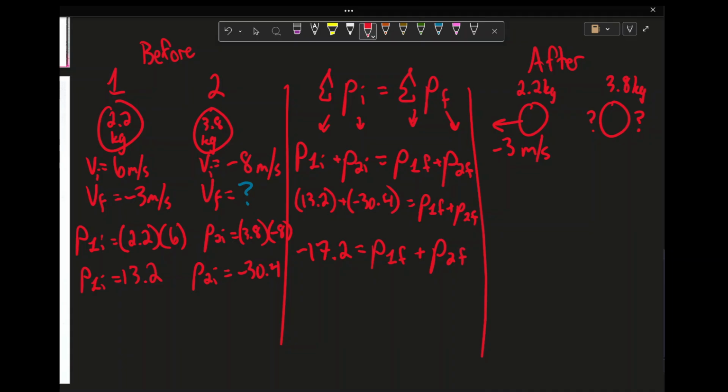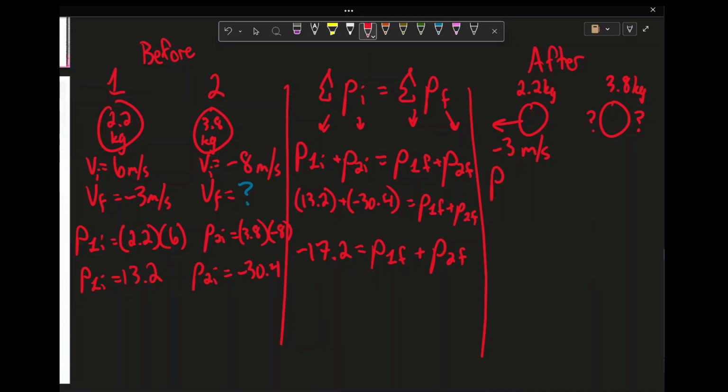One thing to note here is that unless we know one of the 2 final velocities, this is not a finishable problem with only momentum. It is possible to solve these to find both final velocities if you use conservation of energy, but we haven't learned that yet, so we're not going to do that.